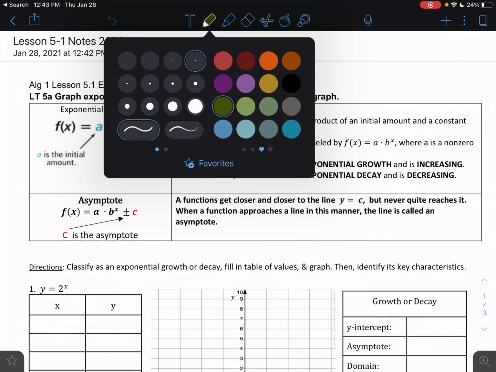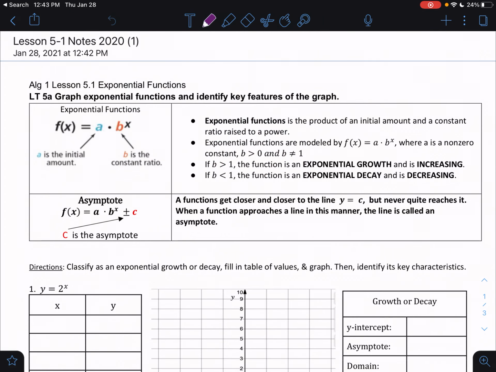So if you remember before, you guys learned about linear functions, and when we had linear, our equation was y equals mx plus b. And now we have exponential functions, and that formula is over here. Remember, in linear, m was the slope and b was the intercept, and we had a pattern of adding or subtracting.